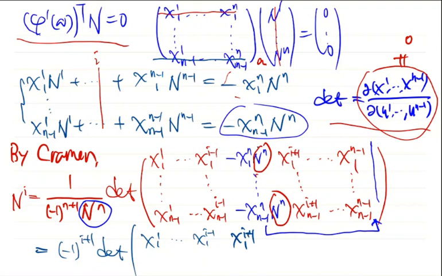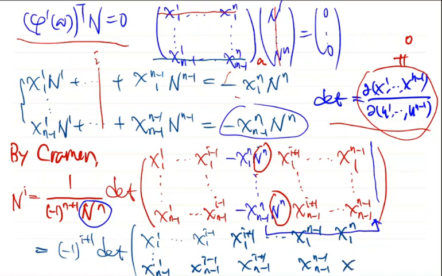Therefore, after i-1, you need to follow by i+1. Then x_{1,n-1}, this is the original last column. But we need to add a column, that is the ith column of the previous matrix, so this is x_{1n}. Similarly, the other rows are the same, down to x_{n-1,i-1}, x_{n-1,i+1}, x_{n-1,n-1}, x_{n-1,n}. So we obtained this matrix. What's the matrix?